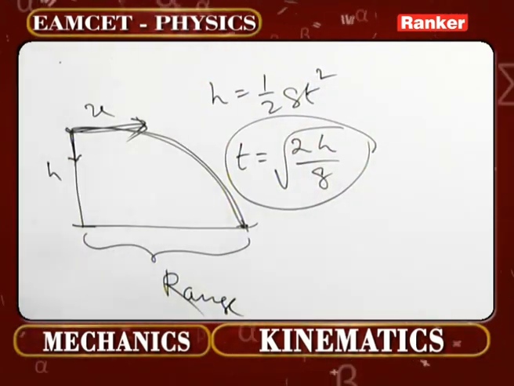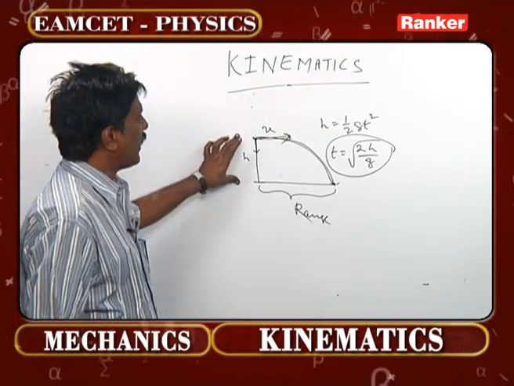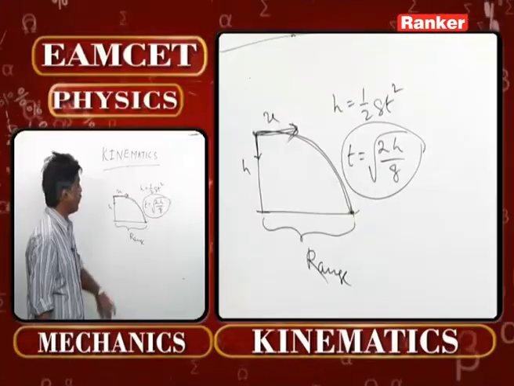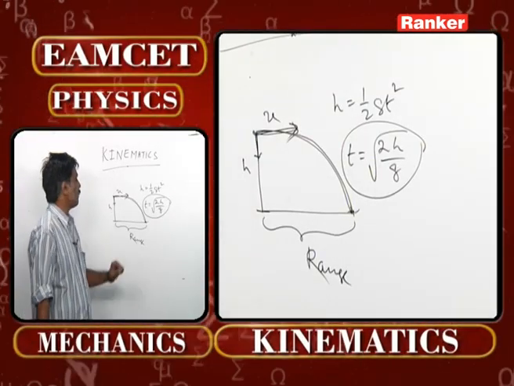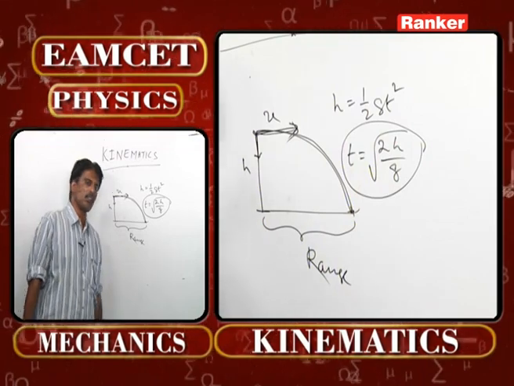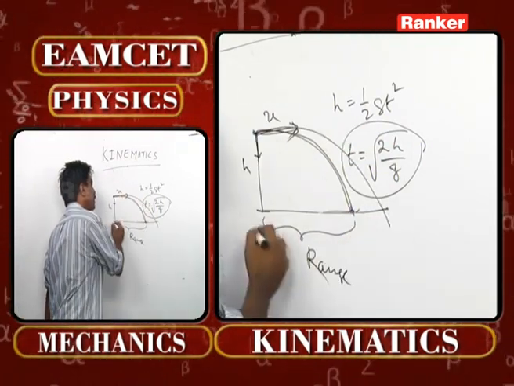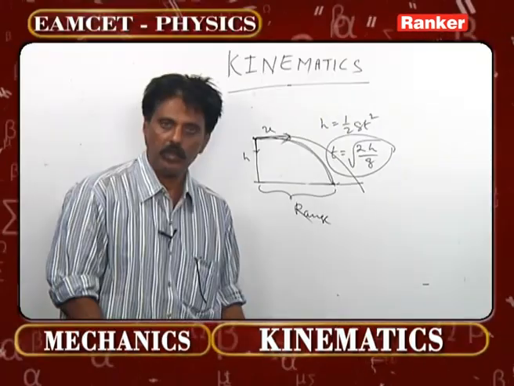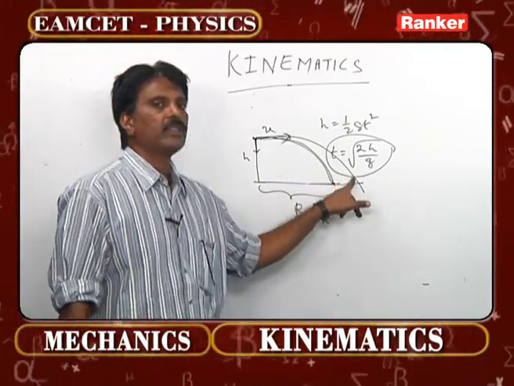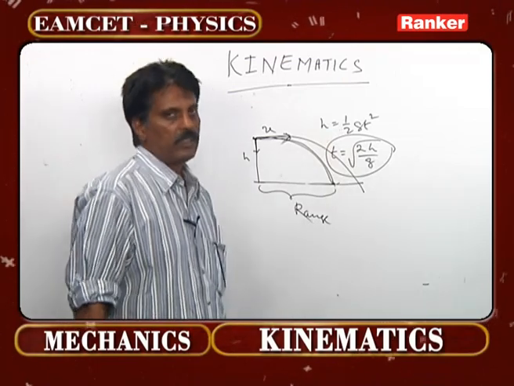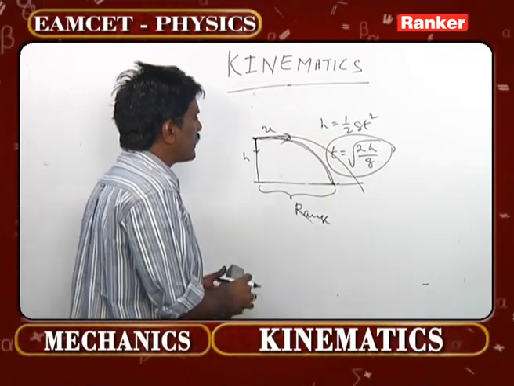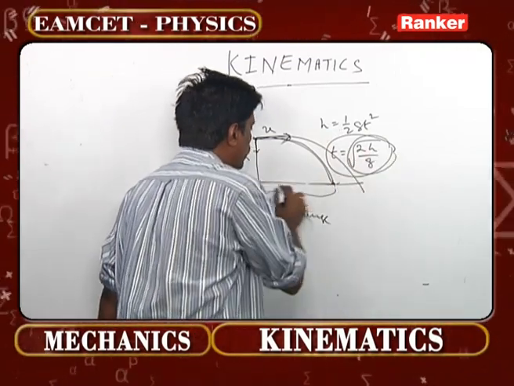So, for a horizontal projectile, time of flight, that means time taken to reach the ground, is independent of velocity of projection. If you increase the velocity, it may reach more horizontal distance, but it will reach the ground at the same time, because time taken is equal to root of 2h by g. Now, during this time only it covered this displacement, no?